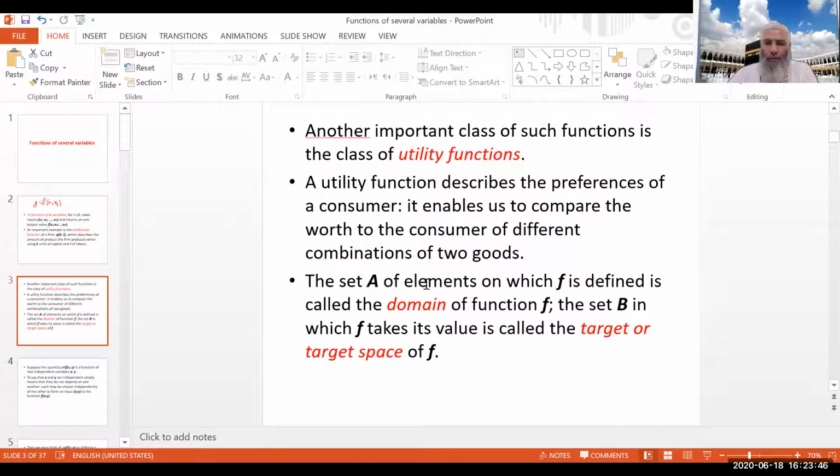The set A of elements on which F is defined is called the domain of the function. The set B in which F takes its values is called the target or target space of F.